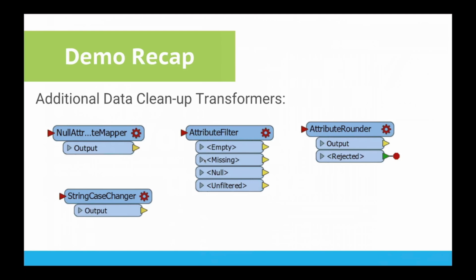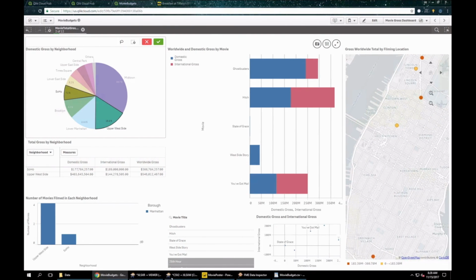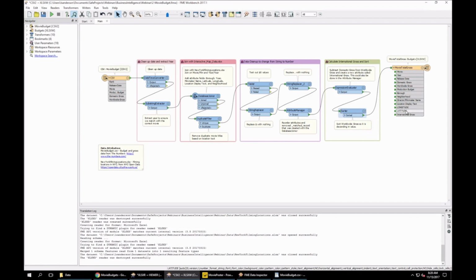So yeah, just some additional data cleanup transformers that I didn't get to cover. There's the NullAttributeMapper, which is really good for changing all your null values, your empty values, your missing values into one value, so you know that it's a null or a missing or an empty value. String case changer: as you can see in the demo here, we have longitude and latitude all uppercase.